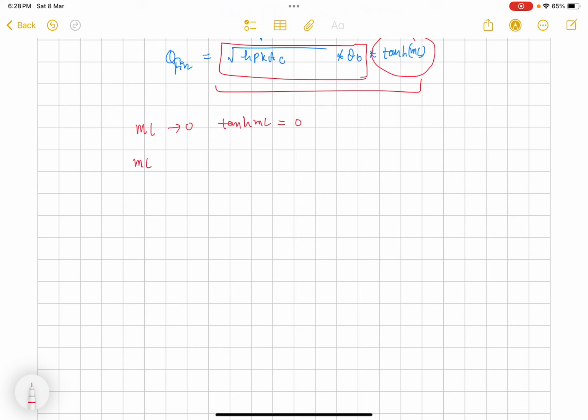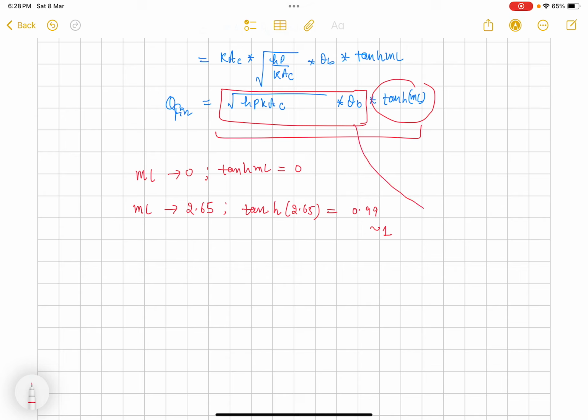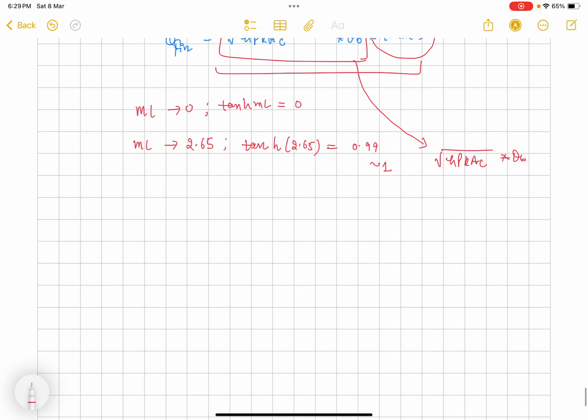If ml is like 2.65, this is defined in the literature, we can find that the tan hyperbolic value of 2.65 is 0.99, that is approximately 1, right? So this expression boils down to square root of hp KAc times theta b, alright, which is the expression for the infinite length fin.